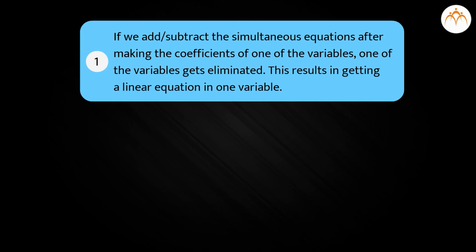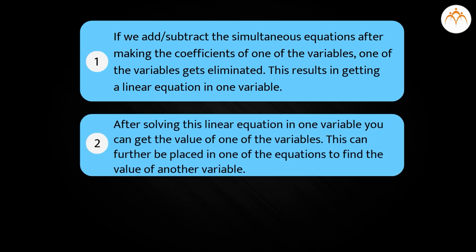Points to remember. If we add or subtract the simultaneous equations after making the coefficients of one of the variables equal, that variable gets eliminated. This results in getting a linear equation in one variable. After solving this linear equation in one variable, you can get the value of one of the variables.